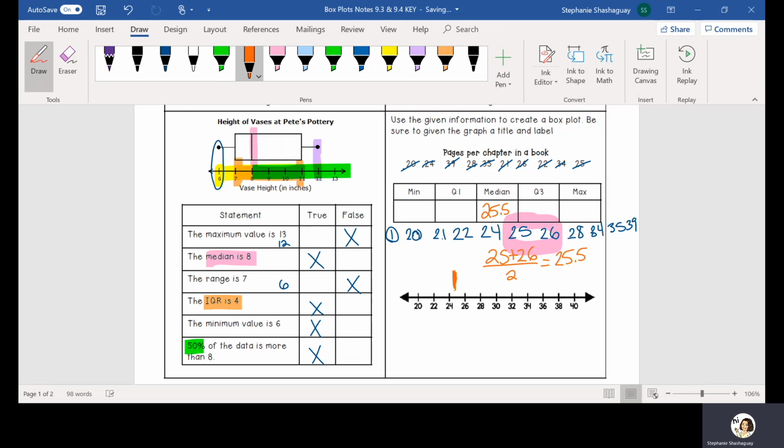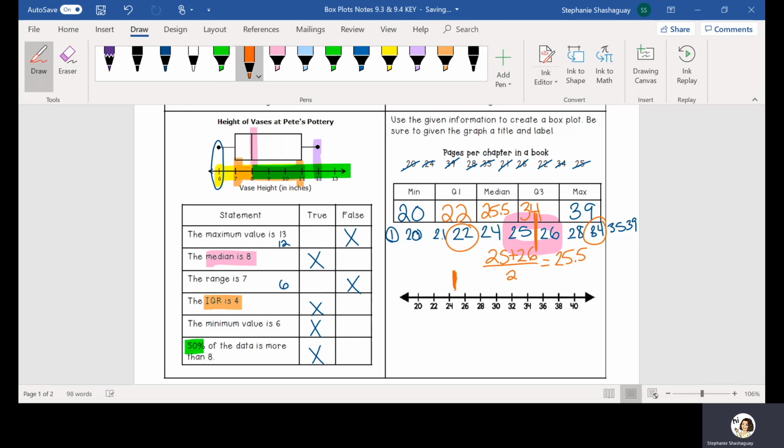To find my quartiles, my minimum, that's really easy, I'll do that first, is 20. My maximum is going to be 39. My Q1 is going to be the middle of my lower half of data, okay? So to find the middle of that, it's going to be 22. And the middle of my upper half of data is going to be 34.